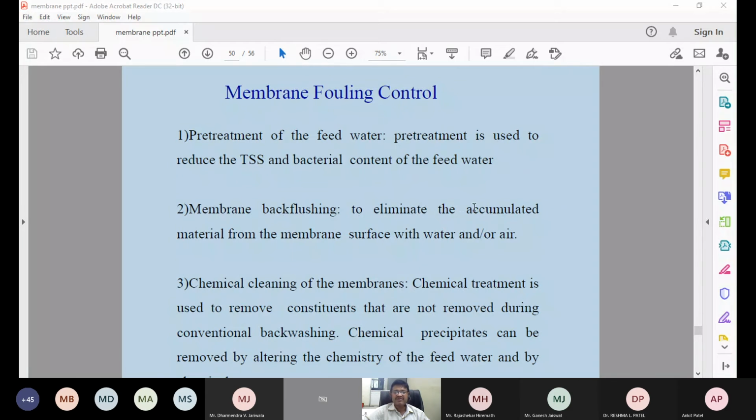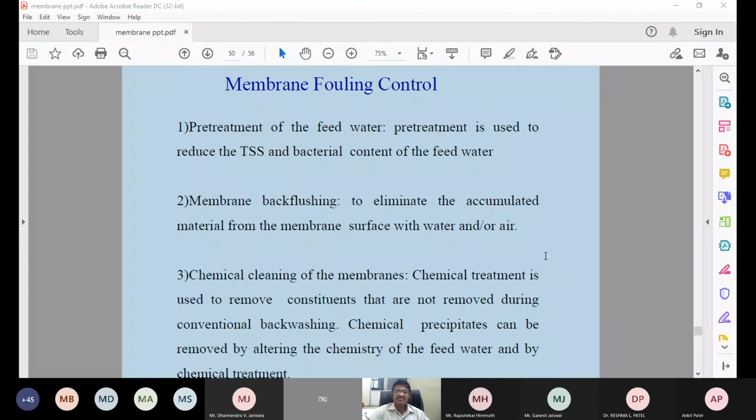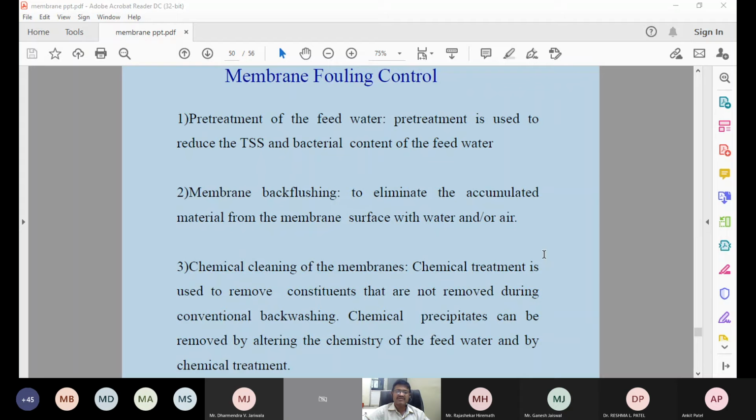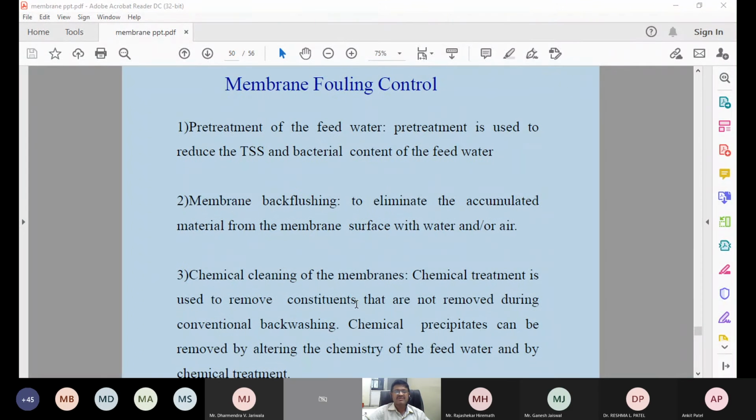Other thing is back flushing, which can also be done after some time so that accumulated material comes out of the membranes. Third is chemical cleaning, using bleaching or chlorine or other chemicals, we can clean these membranes and then use them. So these are the three methods by which we can control membrane fouling.